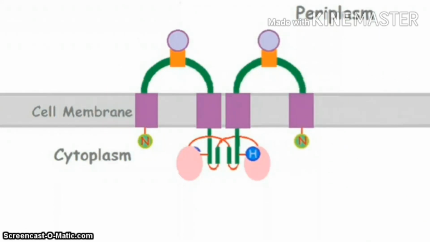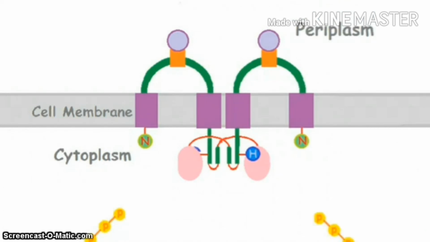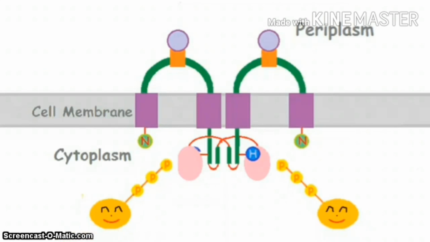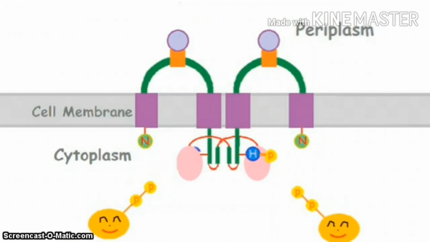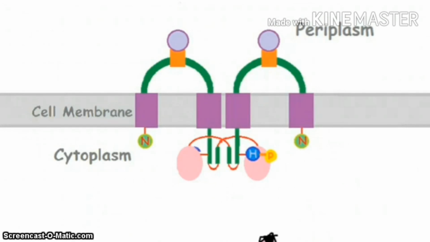The binding of signal to the sensor protein's input domain causes the dimerization of this histidine kinase, which triggers the autophosphorylation of histidine kinase. Now, after getting phosphorylated, this is said to be activated.